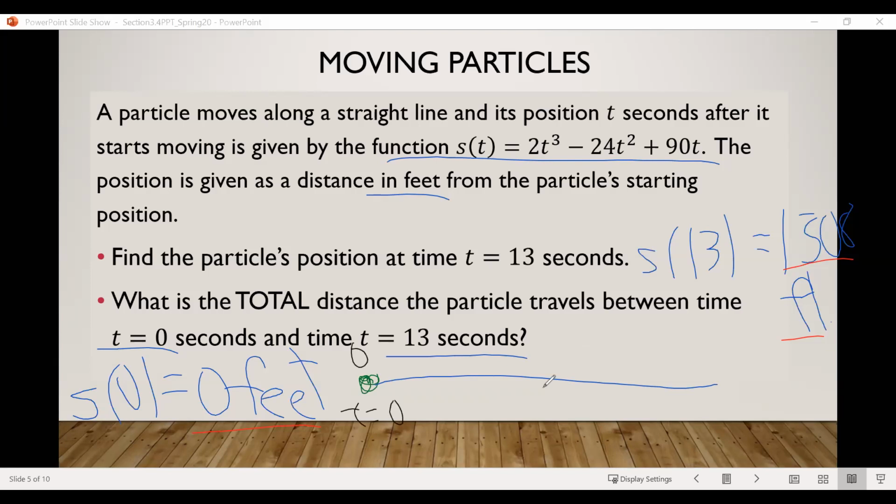We just found that after 13 seconds, it's at 1508 feet. And then we also found a couple of other important points, right? We also found 2 points where the particle stopped moving. So the first one we saw was at 3 seconds.